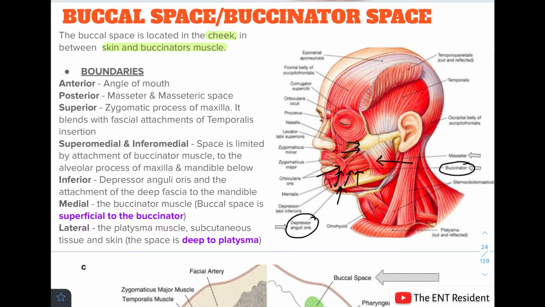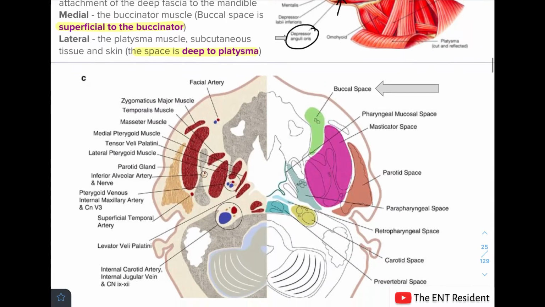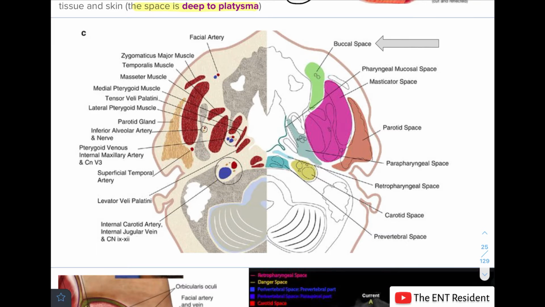Medially lies the buccinator muscle and laterally lies the platysma, subcutaneous tissue and the skin. So basically the buccal space lies superficial to the buccinator muscle and deep to the platysma. So these are the boundaries of the buccal space. If you see in the picture over here, this green space is the buccal space.